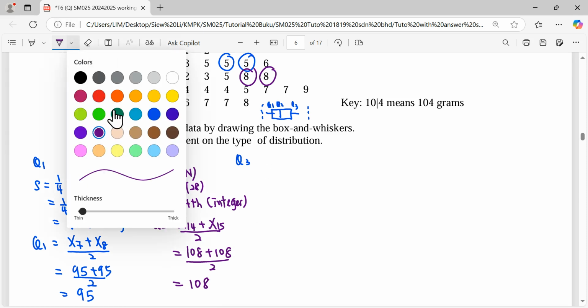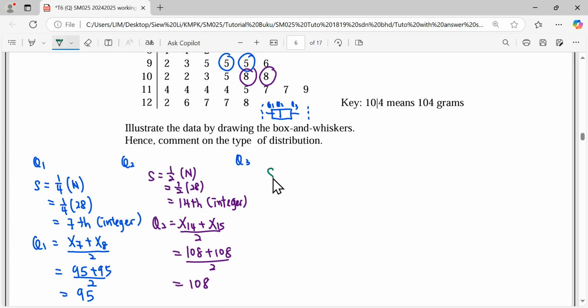Then we move on to the third quarter. Third quarter position is 3/4 times n. So 3/4 times 28, so 21. So this is the integer concept also.